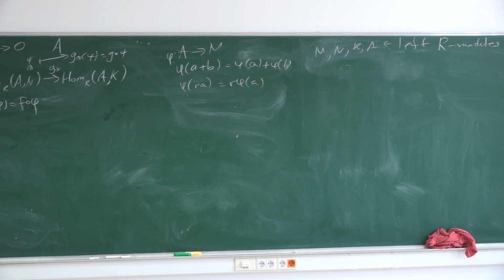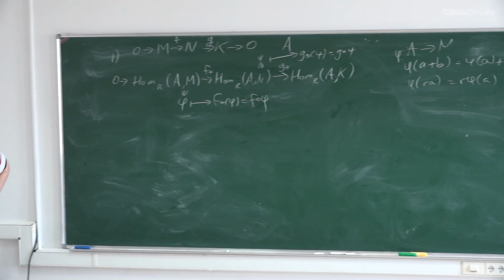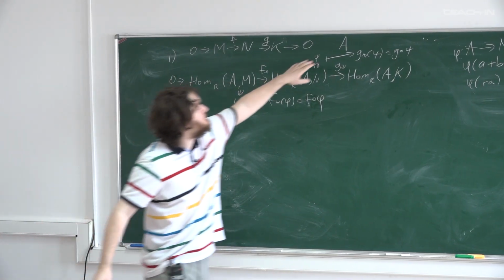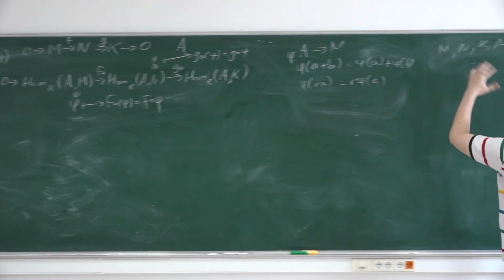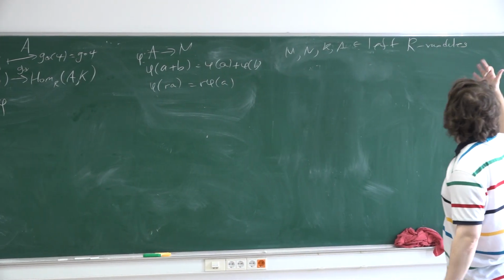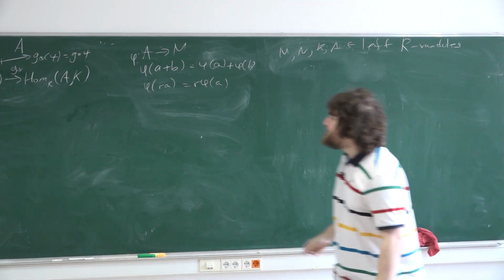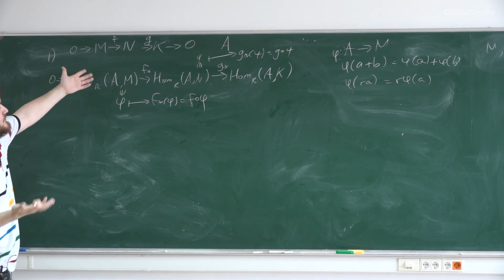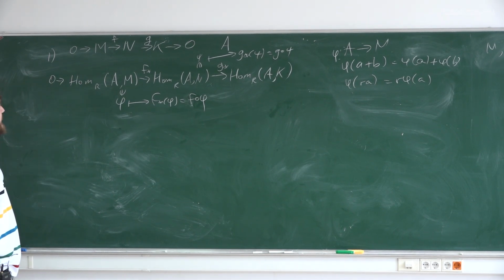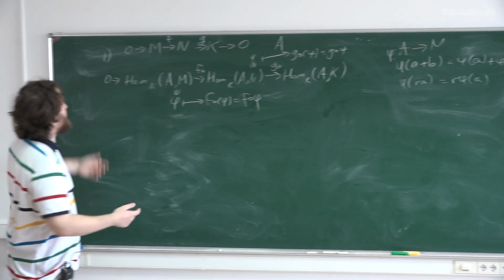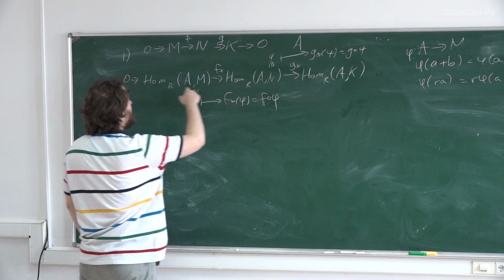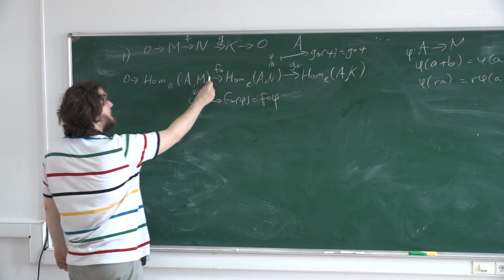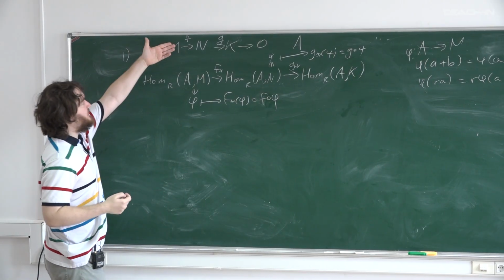So M and K are modules, right? Yes, and A also, for example left or right, of the same direction. We have this sequence of homomorphisms of abelian groups in general, and I claim that this sequence is exact in this place and in this place. Exactness here means that F star is injective if F is injective.